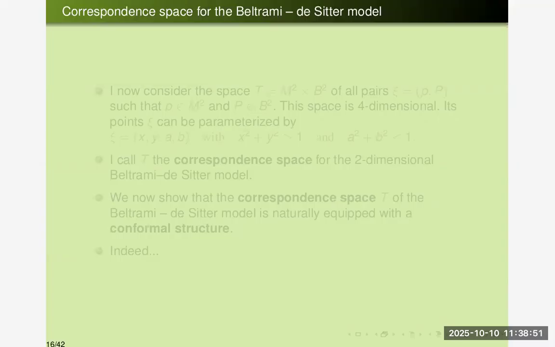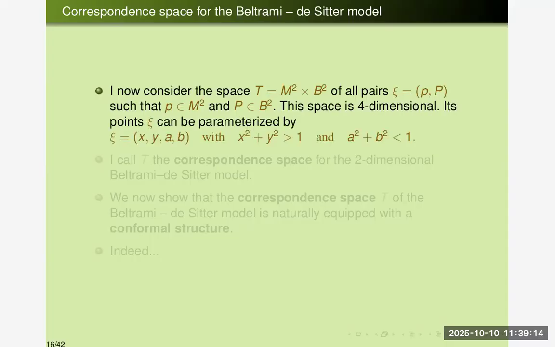Okay. So now, if this idea of having a point in here and in here was successful to transform the fields, why not consider the four-dimensional space of these pairs? So I now consider a space T, which is the Cartesian product of this M2 and B2. It's a four-dimensional space.